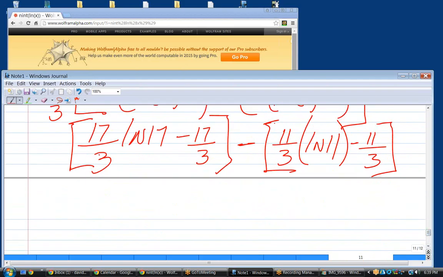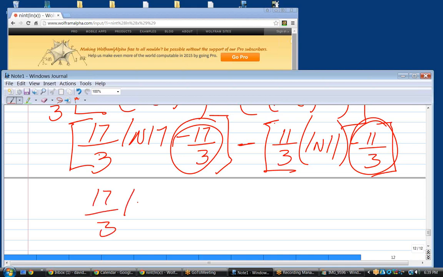Okay, so now we have this. Well, we could combine this part. So what do we have? We have 17/3 natural log of 17 minus 17/3 plus 11/3 is minus 8/3. And so our number is minus 8/3.